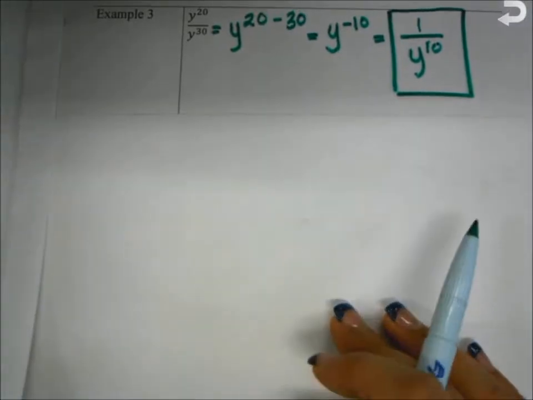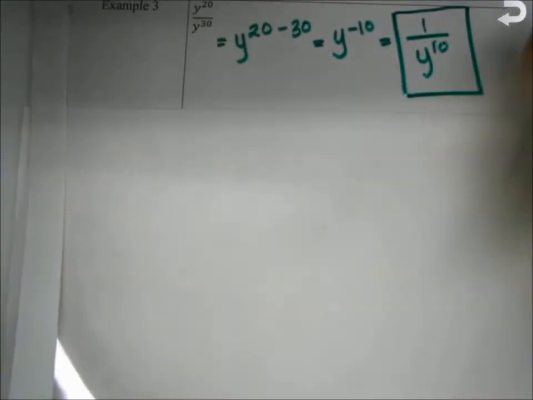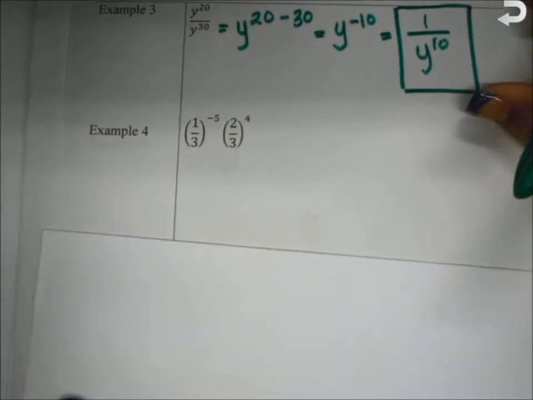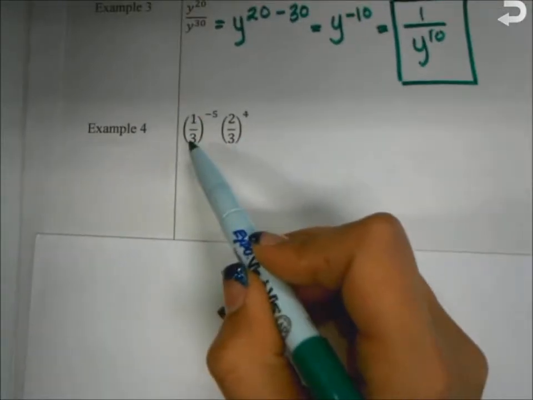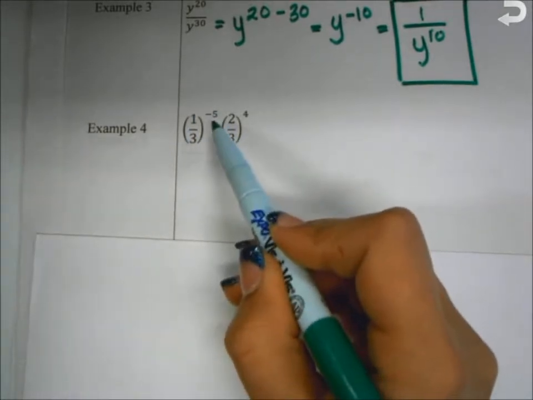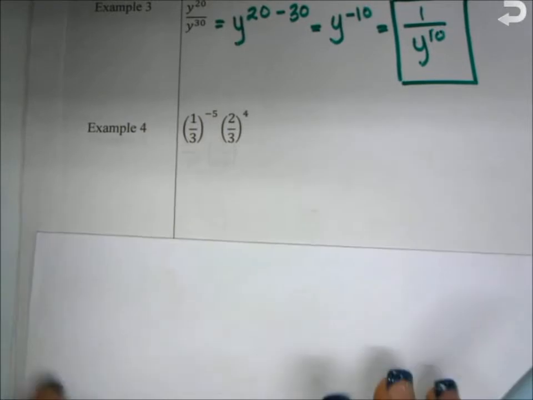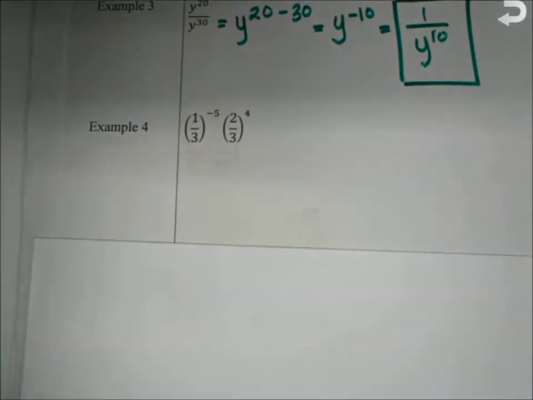Example number 4. I have 1 over 3, all of that to the negative 5th, times 2 over 3, all of that to the positive 4th. Now when I have something like this, the first thing I'm going to do is take care of all of my multiplication, and then I'll worry about the negative exponents at the very end.